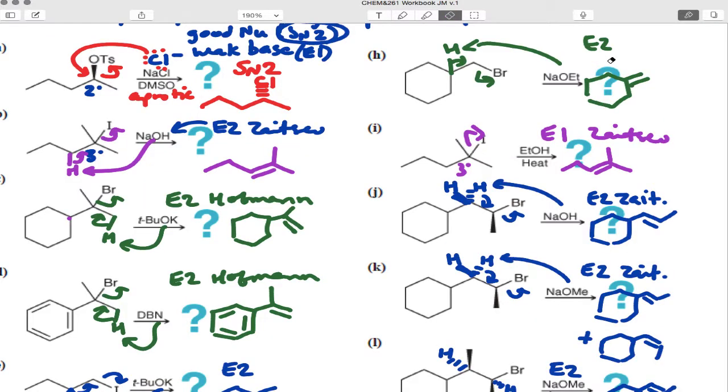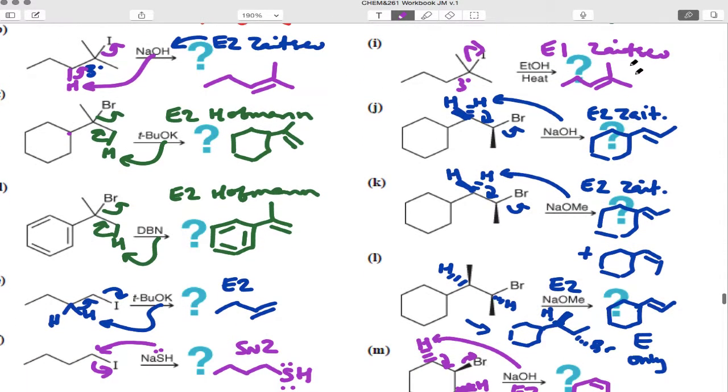All right, so up here I've got ethoxide, which is a small, strong base. So E2 for strong base and small. Actually, there's only one beta hydrogen, so I wouldn't call it a Zaitsev or Hoffman product because you only have one choice. So this is just this alkene. Then here, what I'm getting is E1 because this is a weak base.